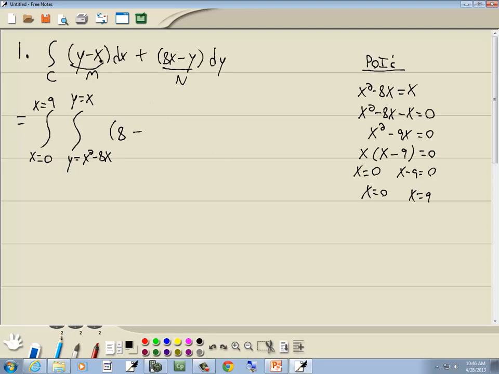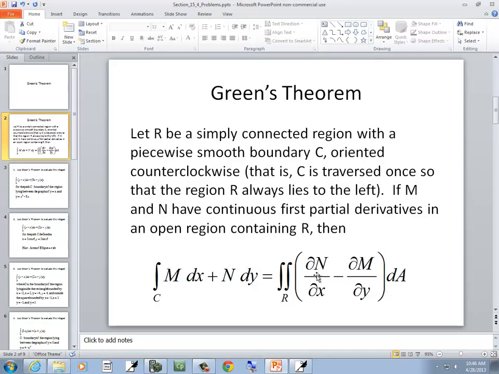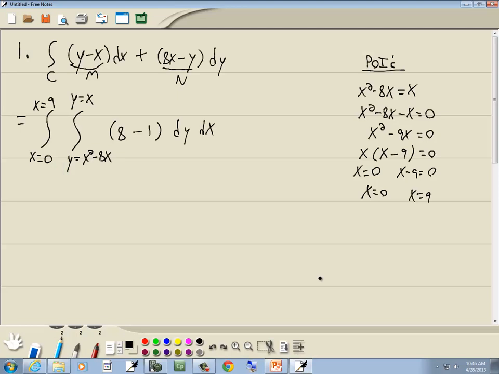So I come over here, y minus x, the partial derivative of that with respect to y is 1, dy dx. And so that's the setup on that. Well, 8 minus 1 is 7, so that can go ahead and go out in front. Then we have nothing left here, like an invisible 1.